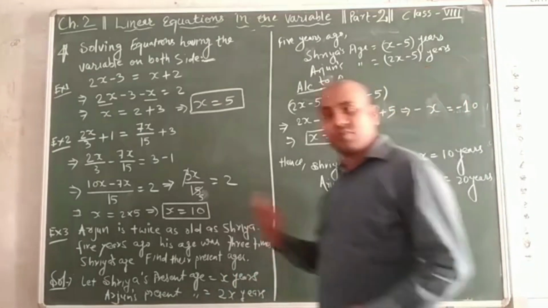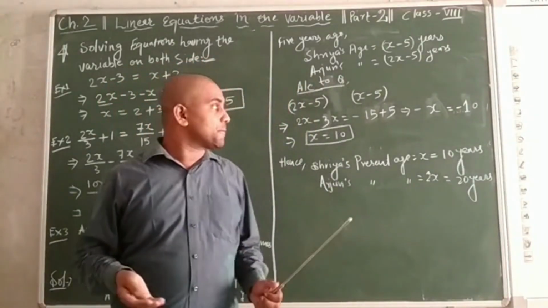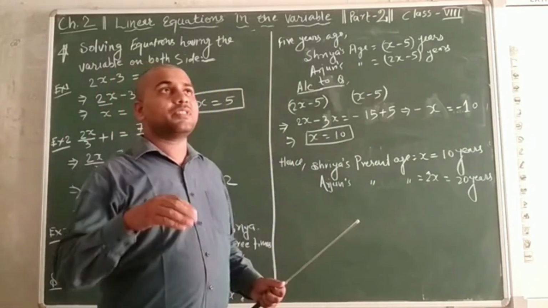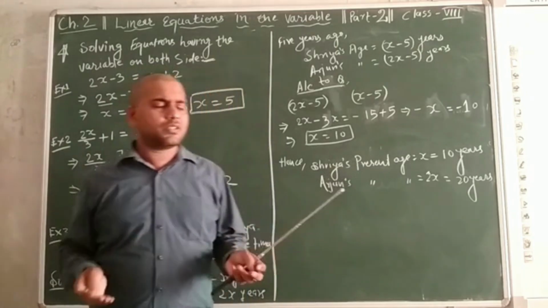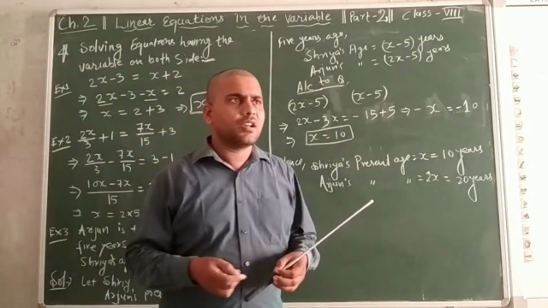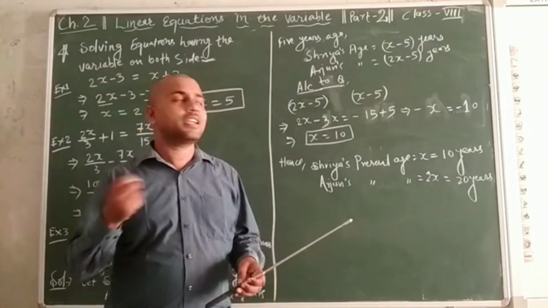Dear students, coming to the next, suppose your age is 13 years, after 5 years what will it be? And in actual, if you see some of the students who are present here, their age will be maybe 13 years. After 5 years what will be their age? 13 plus 5, that is 18.